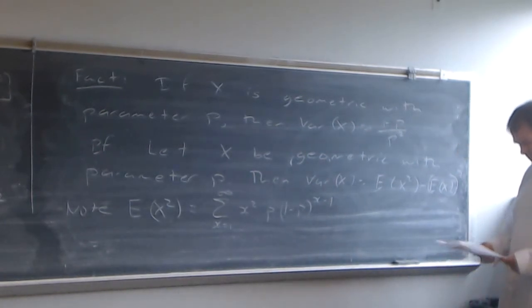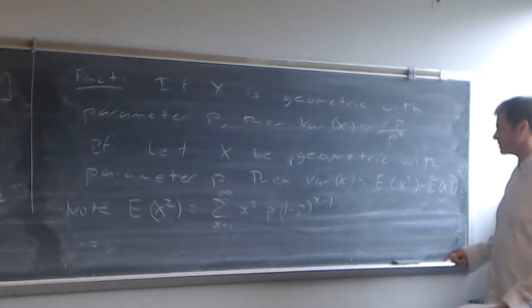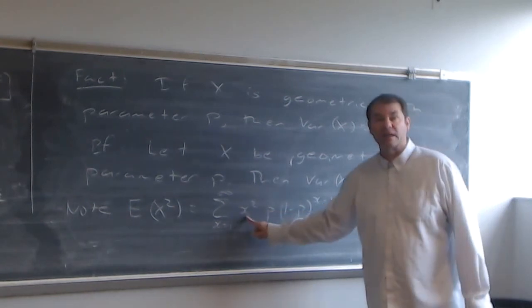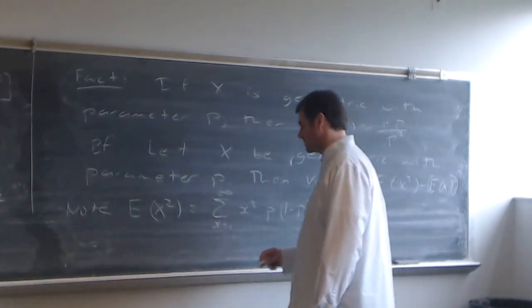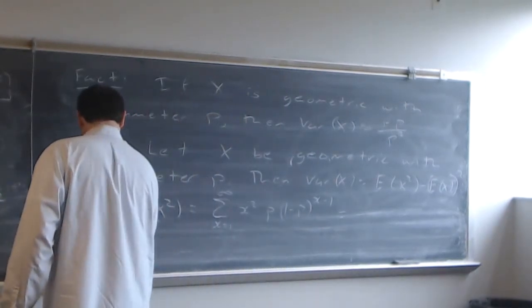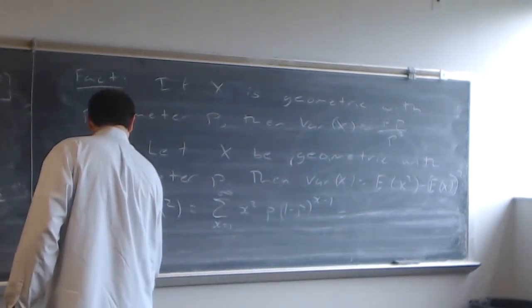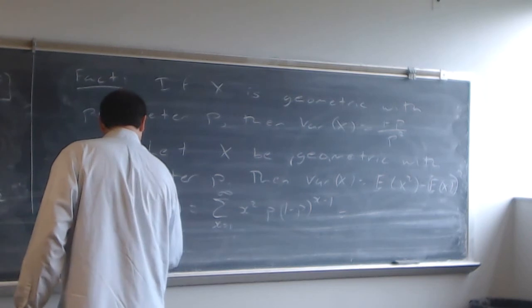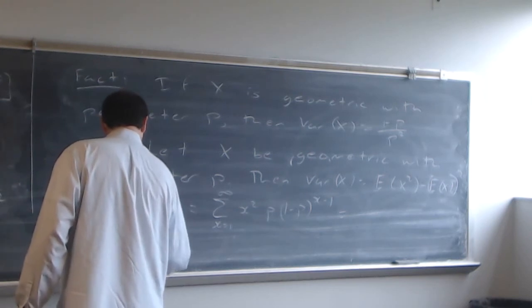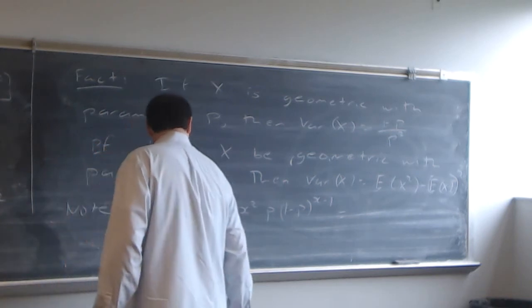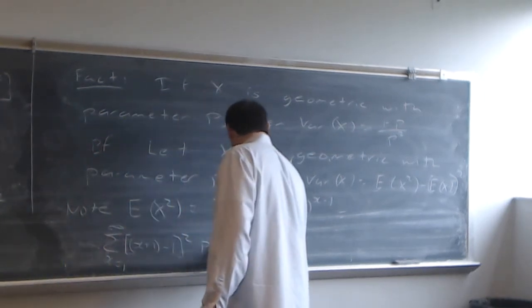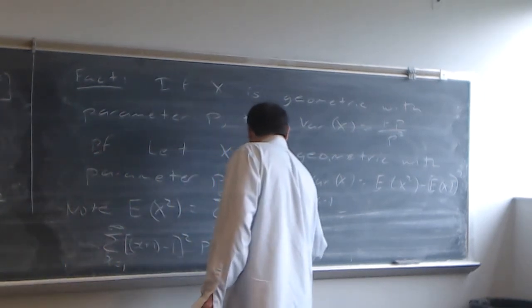All right. Now what we're going to do is skillfully rewrite x. So this is the sum as x runs from 1 to infinity. Instead of x, I'll write down x plus 1 minus 1, and that has to be squared, times p times (1 minus p) to the x minus 1.